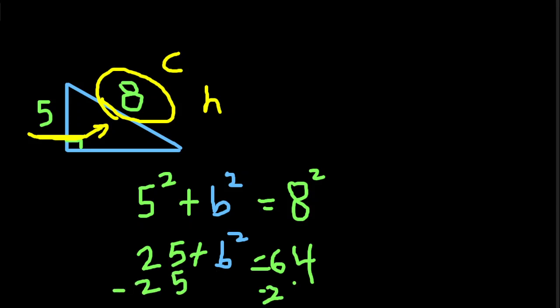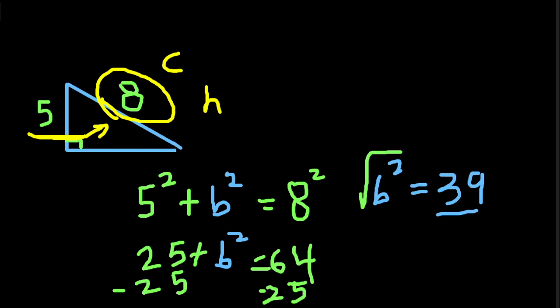Subtract 25 to get B squared is equal to, and 64 minus 25 is, what is this, 39? Yes, 39.